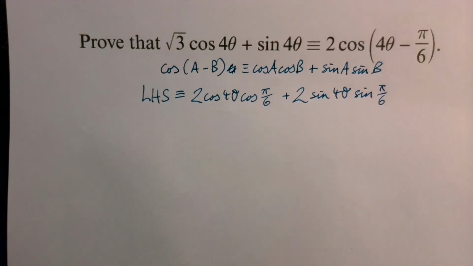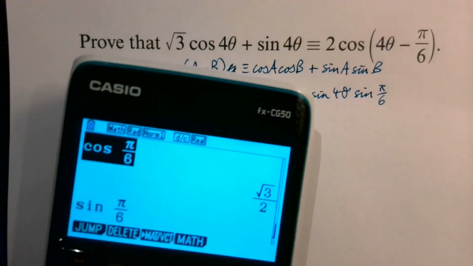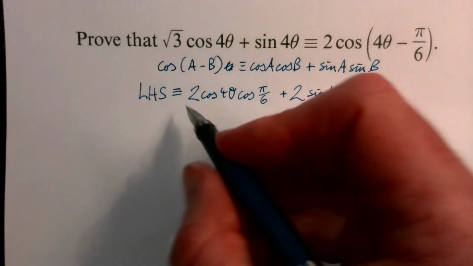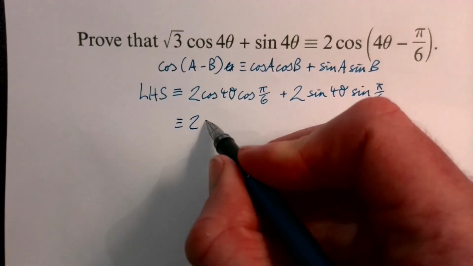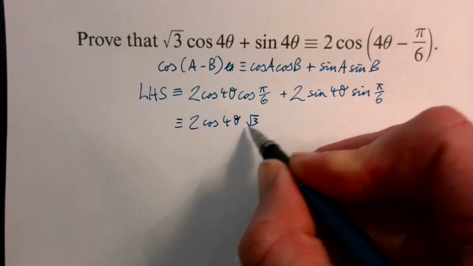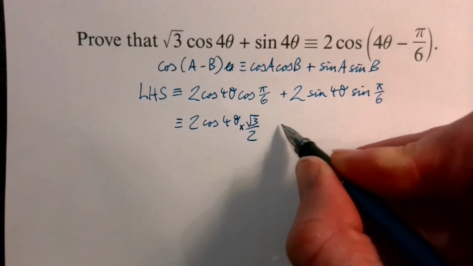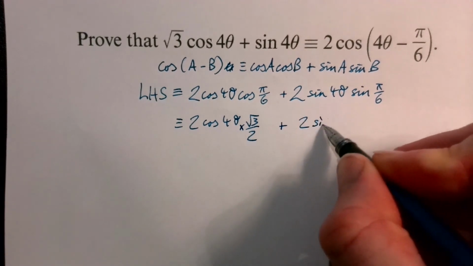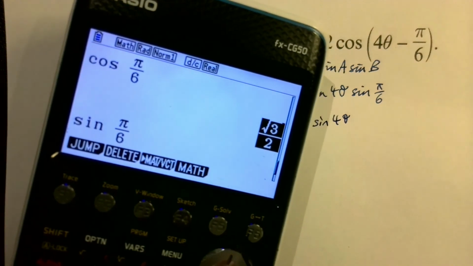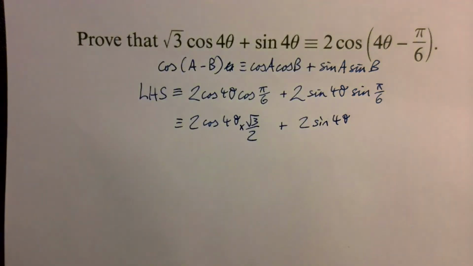So it's time to get the old calculator out and rummage through and discover that cos pi over 6 is root 3 over 2. So we can say 2 cos 4 theta times root 3 over 2. And then here we're going to have 2 sine 4 theta sine pi over 6, make sure you're in radians of course, is a half.